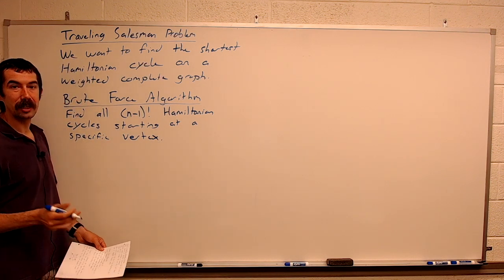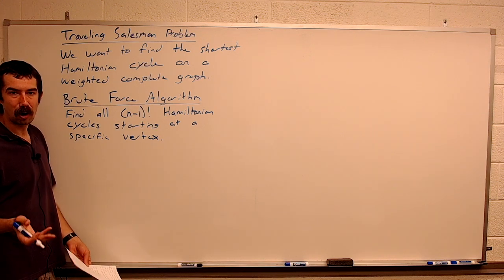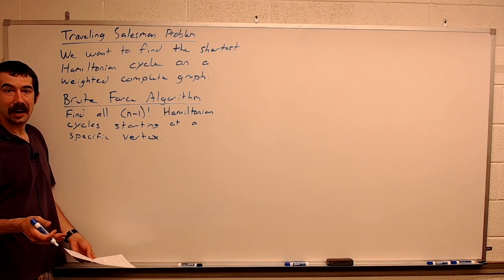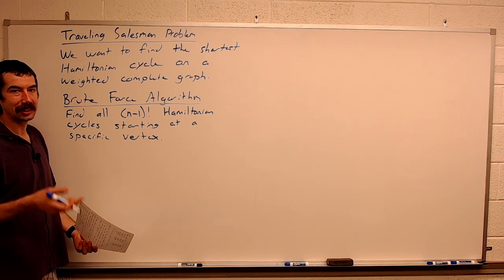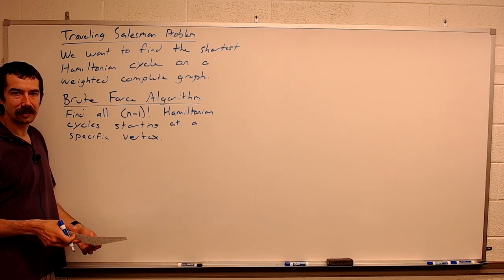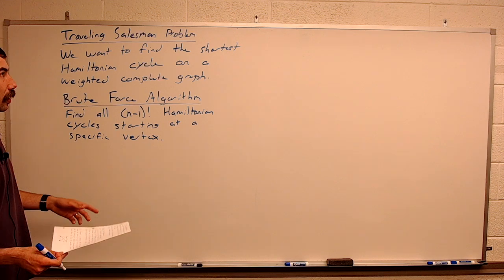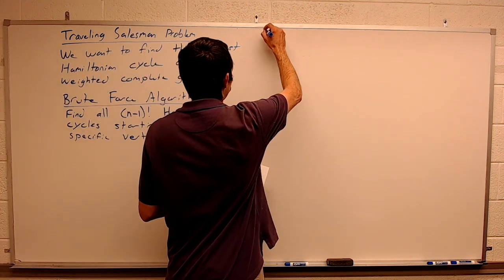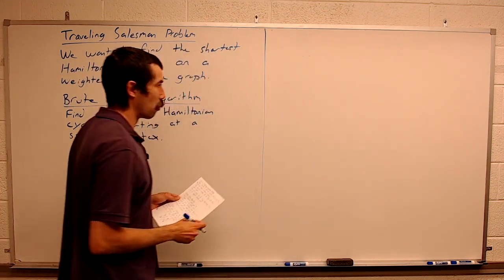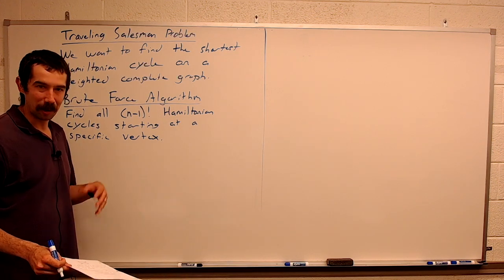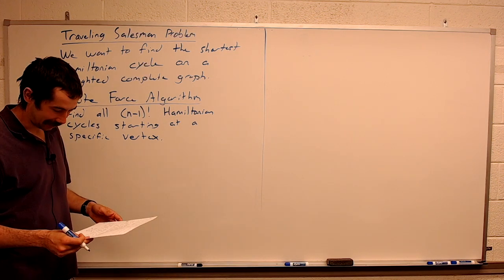This algorithm is great if our number of vertices is small, but it's not practical if our number of vertices is over 20. Let's just do a very quick example with the brute force, and then we'll go on to some of the ones that you'd use in practice.